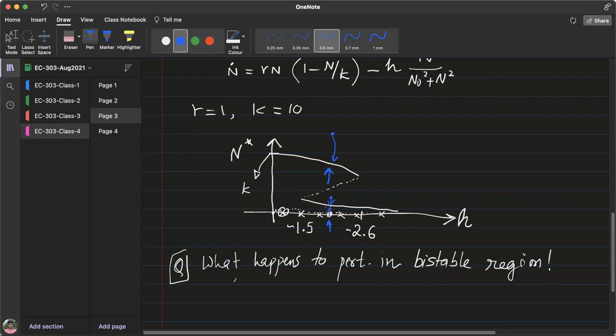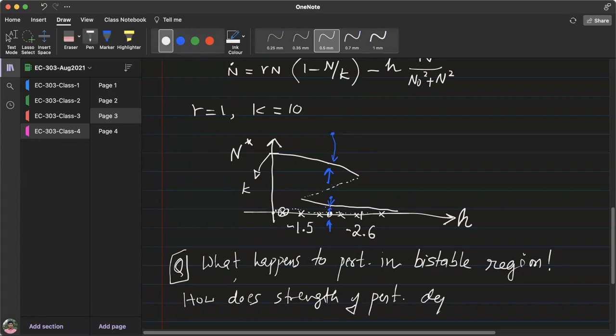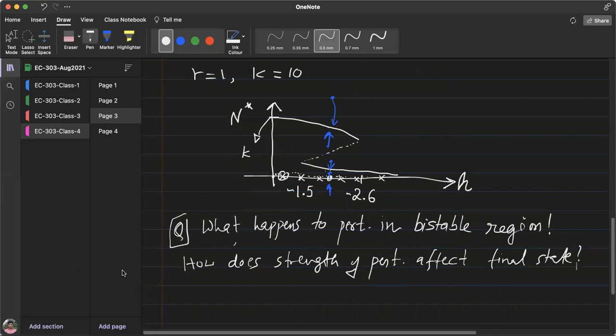Now with space, you can ask the same question. How does the strength of perturbation affect the final outcome? Is the question clear?